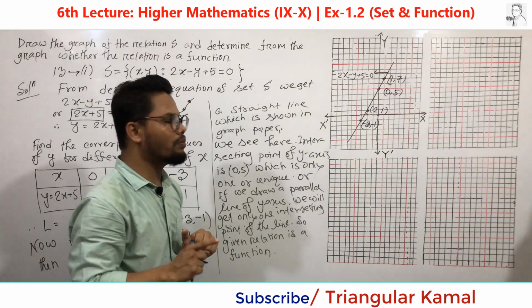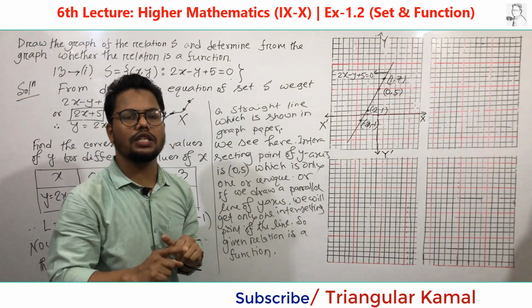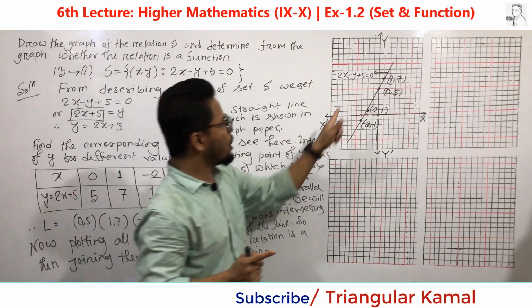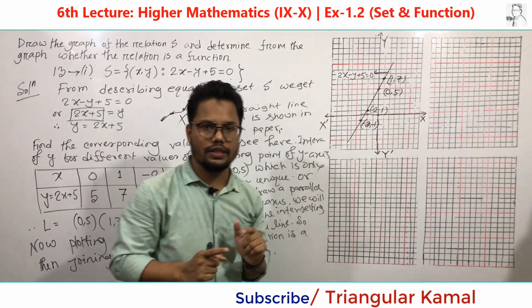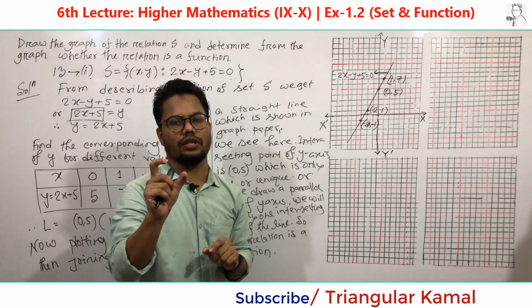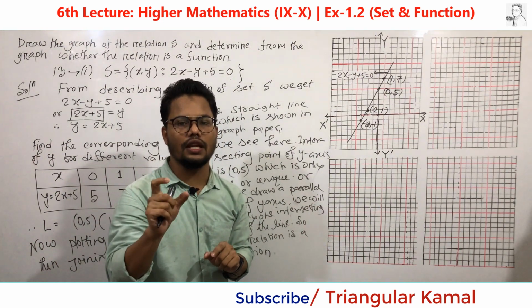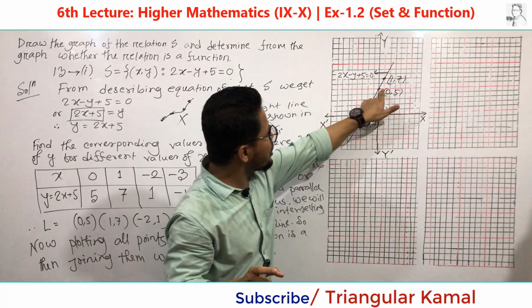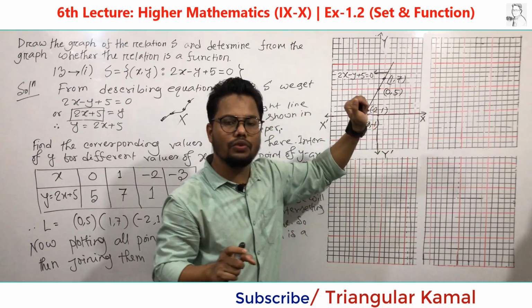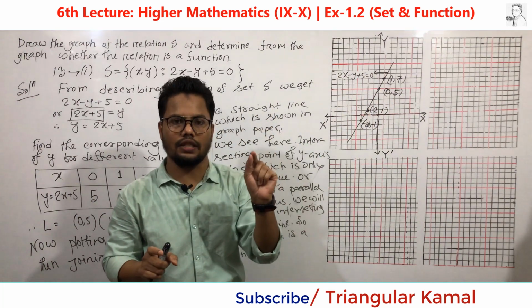Definitely, you have to explain why a relation is a function or not. So this is the condition: if we draw a line parallel to the y-axis and we get only one unique point which intersects the given line, here we get only one point, which is 0, 5, the intersecting point of the y-axis and the given line.